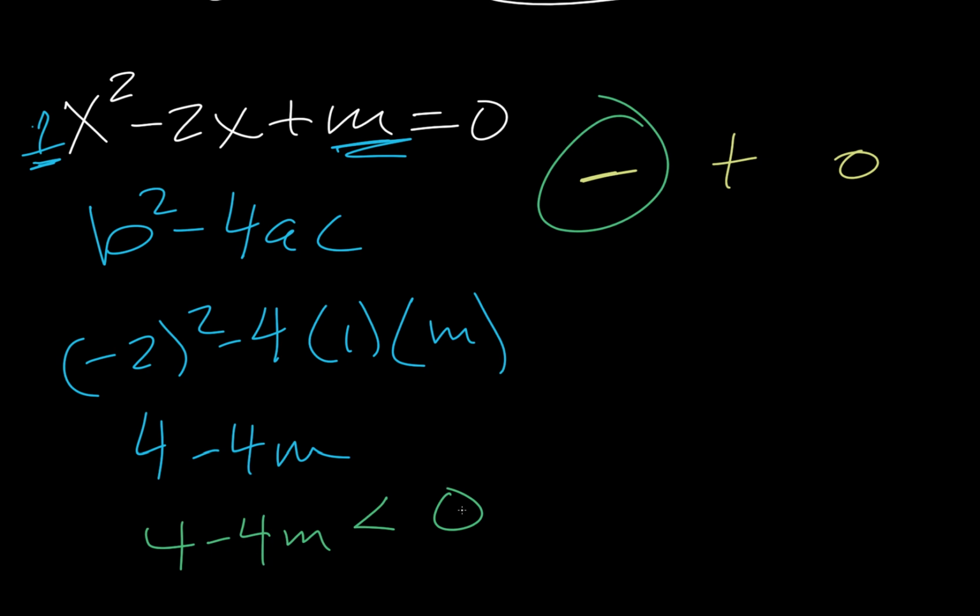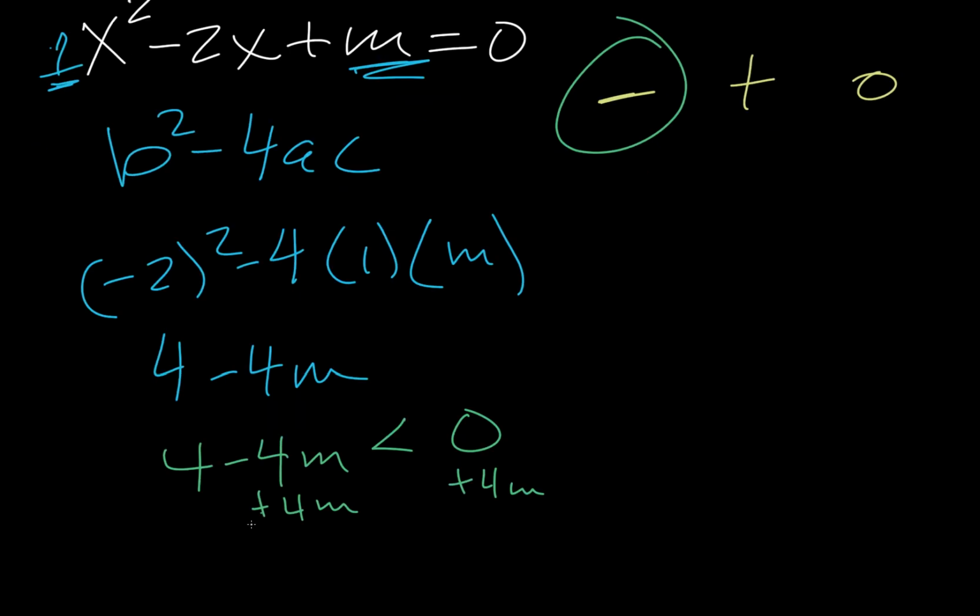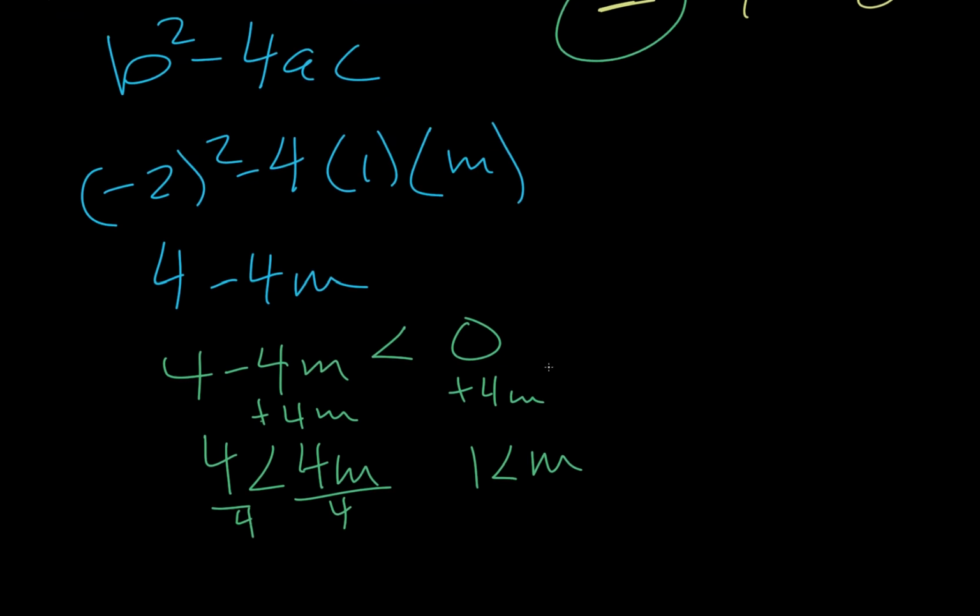So I am just going to add 4m over here, and give us a little bit more room. So 4 is less than 4m. Divide by 4, divide by 4. 1 is less than m, which is kind of backwards from what we want. So we're going to say m is greater than 1.